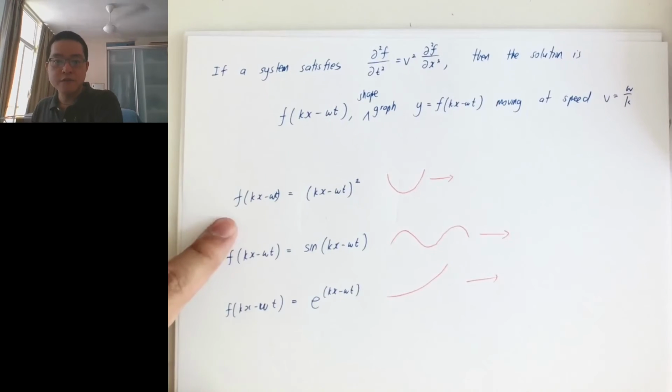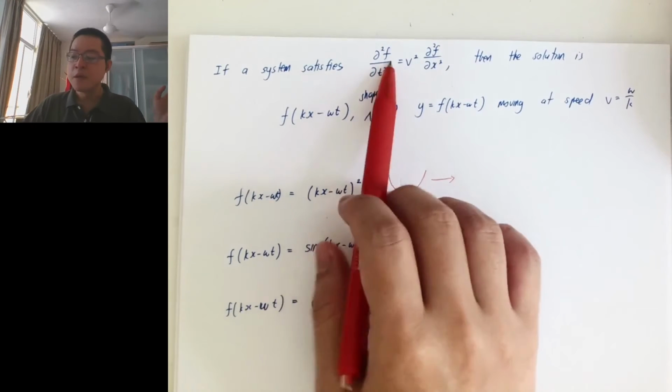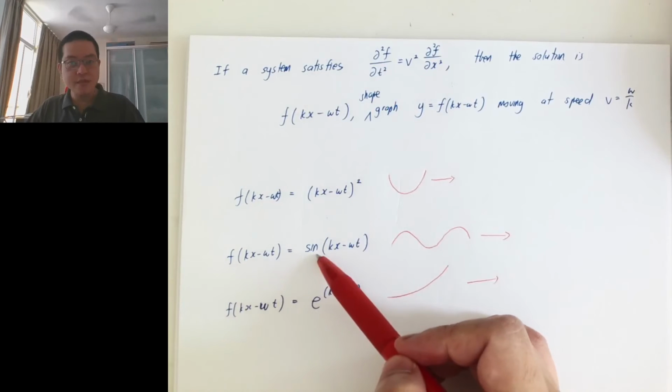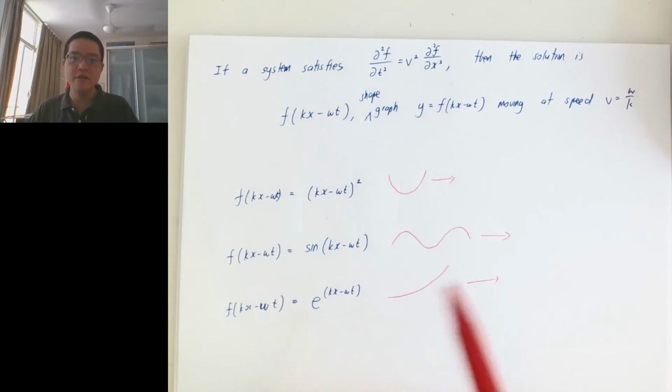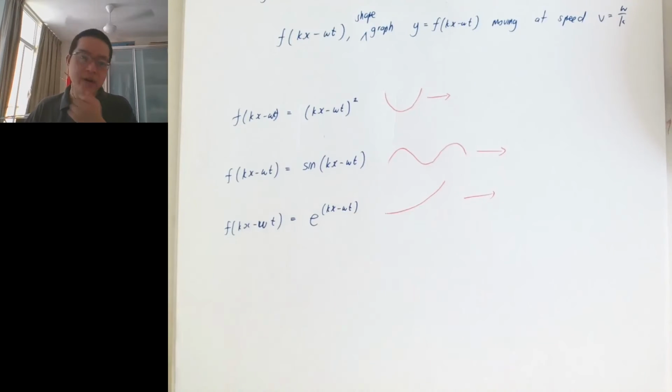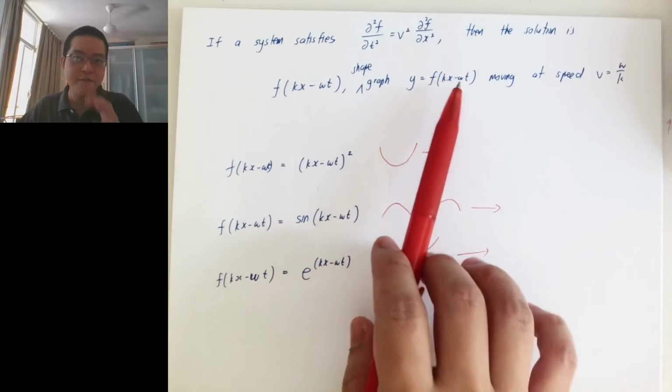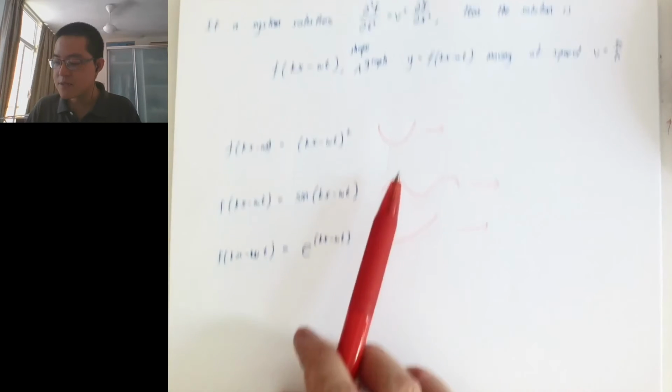If you don't believe me, you can try it for yourself: differentiate with respect to t twice, and then differentiate with respect to x twice. It's for any function. Well, math people would say it's any continuous and differentiable function that will satisfy this condition.